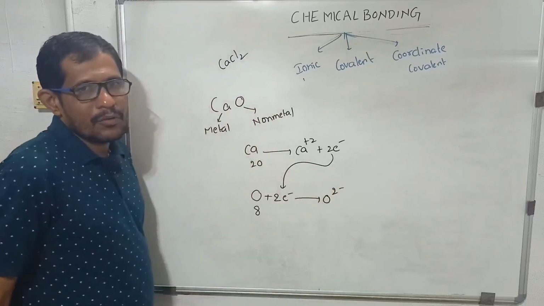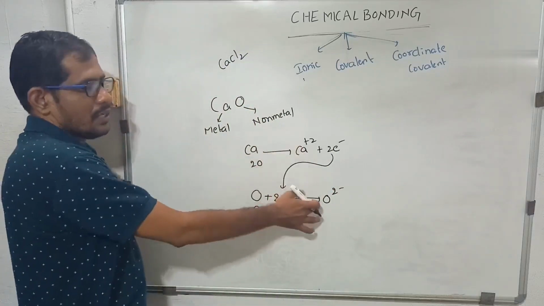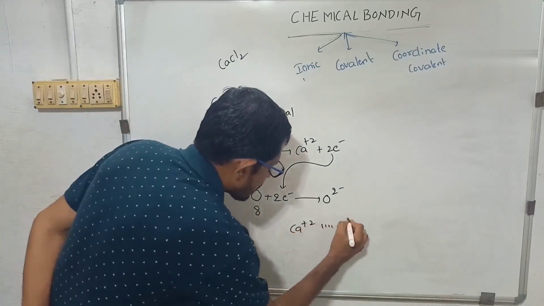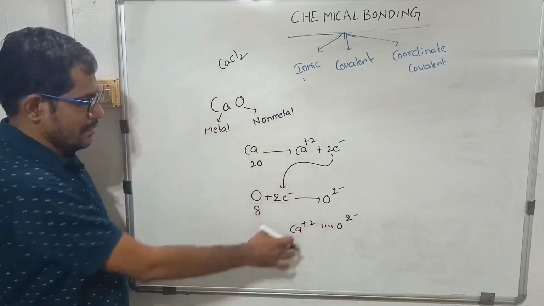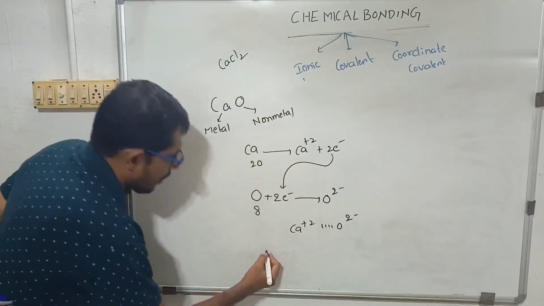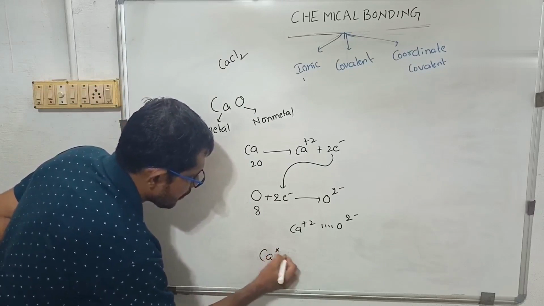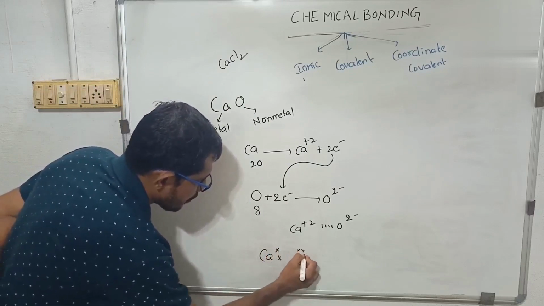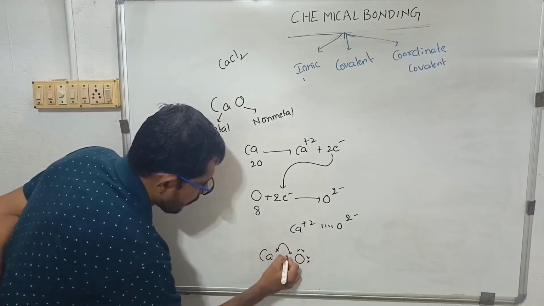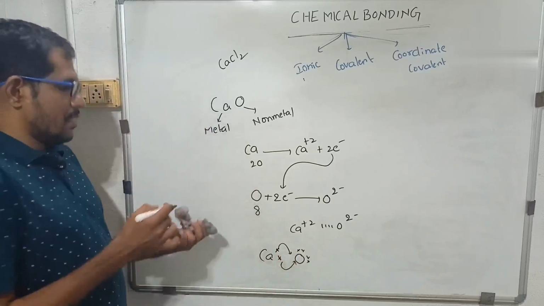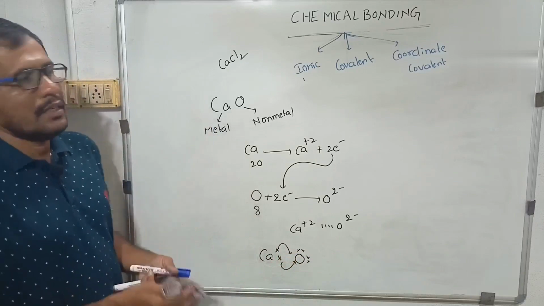Now we have both positive and negative charge, so electrostatic attraction develops. You can also represent this: the 2 electrons of calcium will be taken up by oxygen. That means transfer of electrons is happening, and in such a way ionic bond formation takes place.